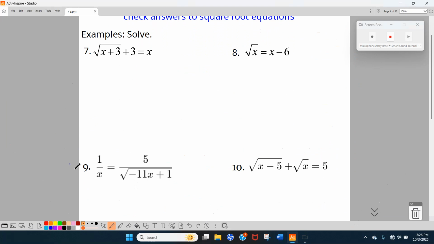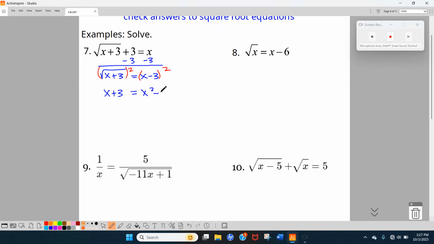All right, so here we only have a single square root, so we're going to move the 3 to the other side. And then we're going to square this, and then we're going to square this. Remember, write this down twice and multiply it out.